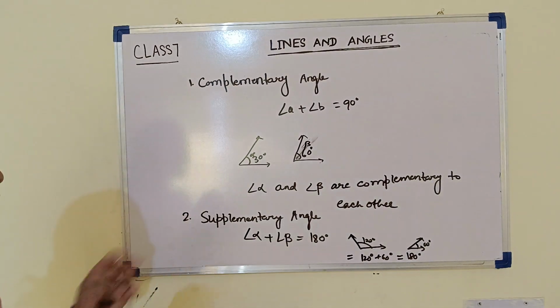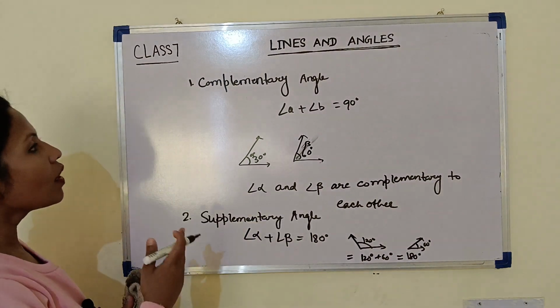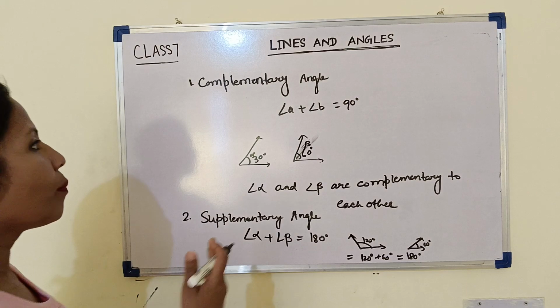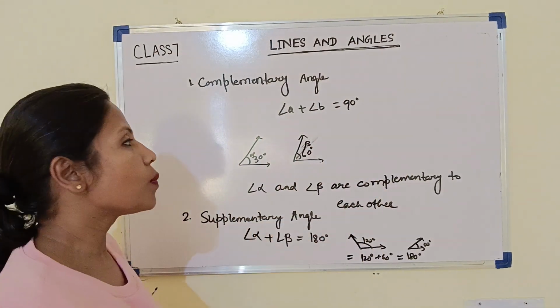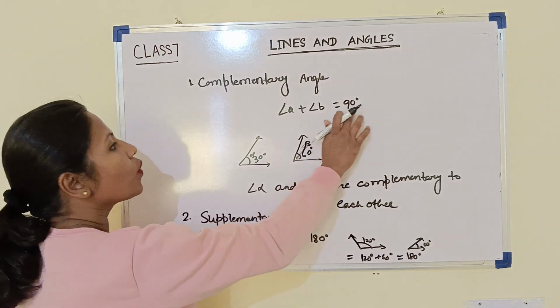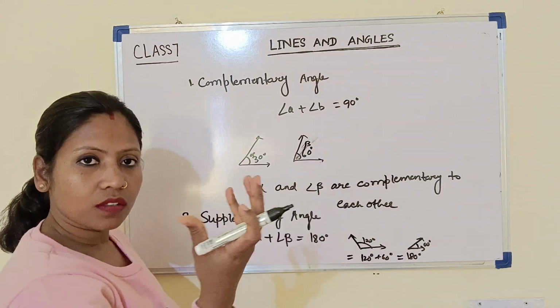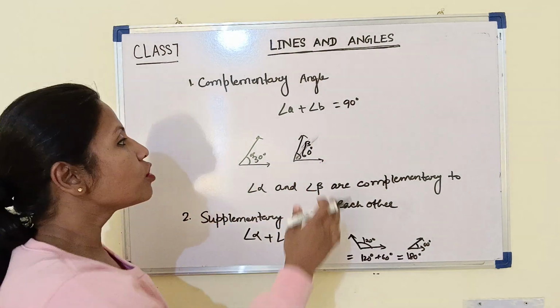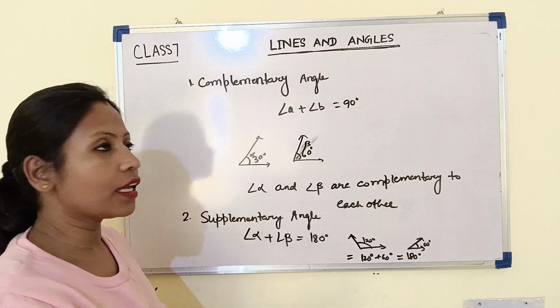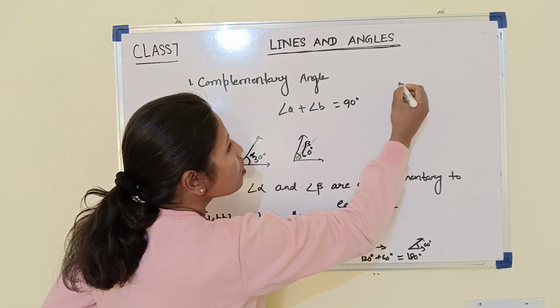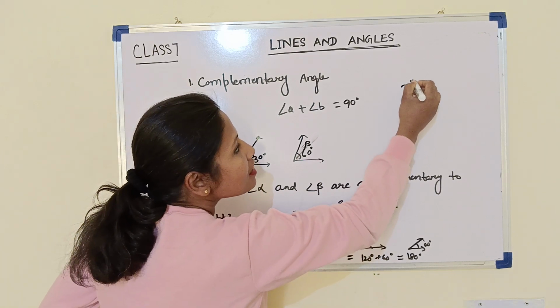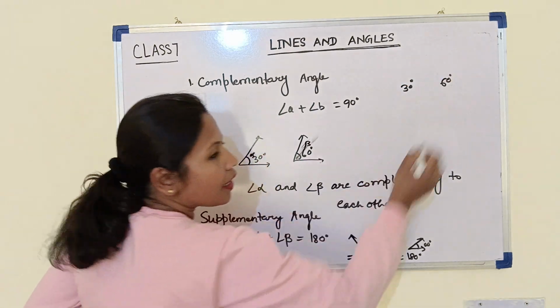So complementary and supplementary. So now let's look at the combination of complementary angles, in the form of acute angle and obtuse angle. The sum of two angles should be 90 degree. So let's take example of two acute angles. So we can take 30 degree and 60 degree, right?